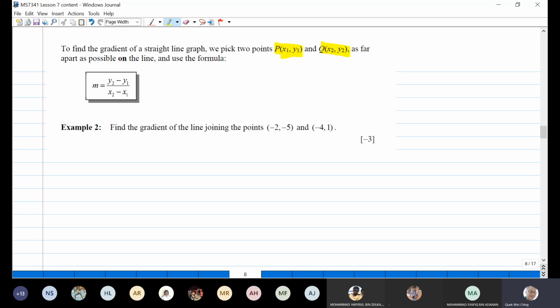So for example, 2 points. Let's call the first point x1, y1 and the second point x2, y2.